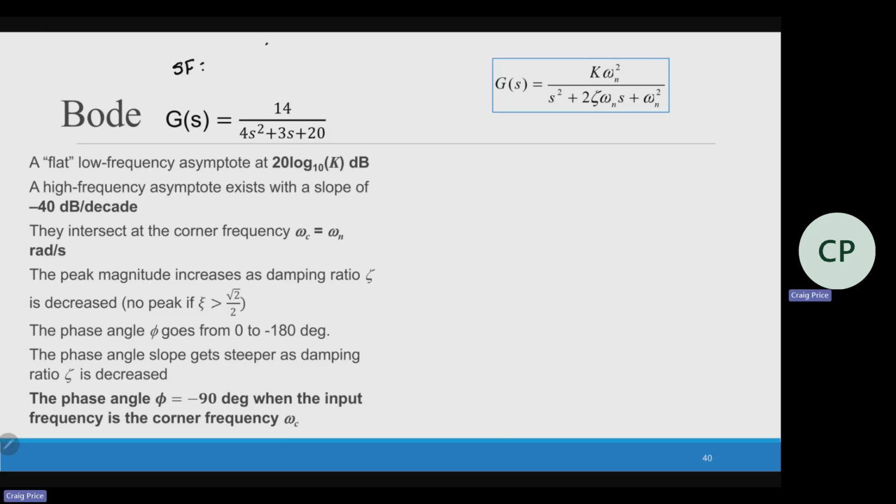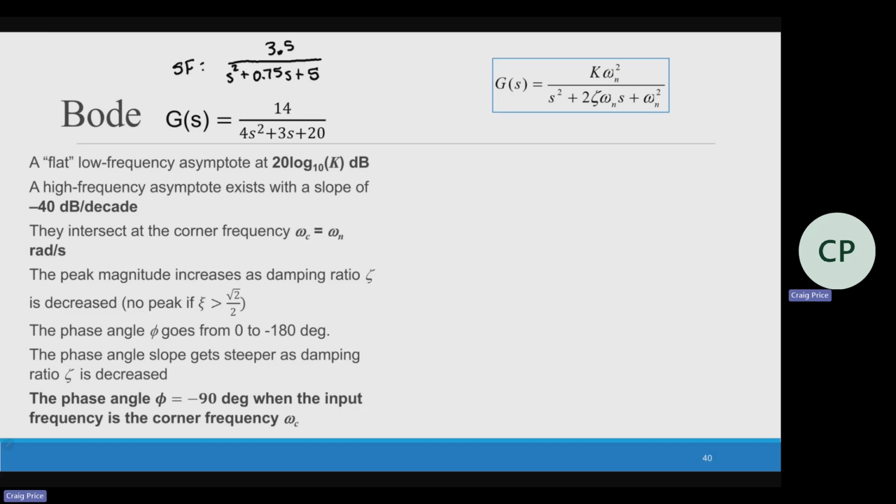We get 3.5 over s squared plus 0.75 s plus 5. So yeah, putting it in the standard form, now that matches our standard form equation.